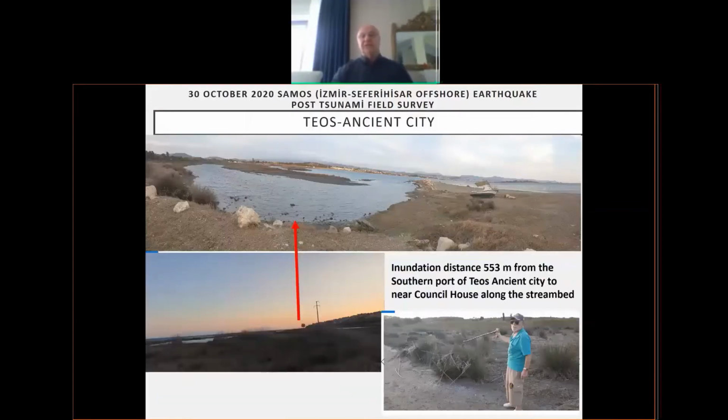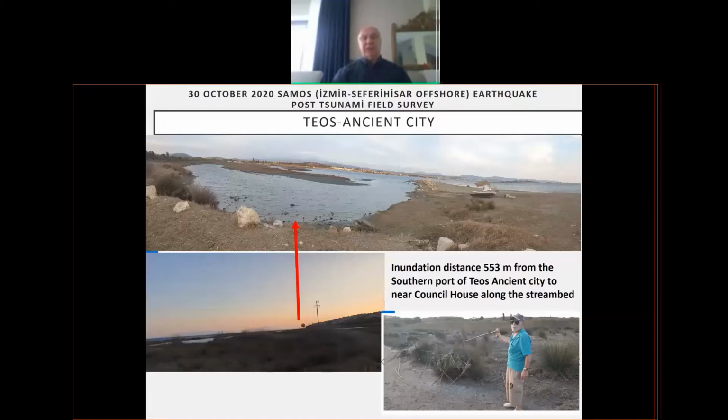Teos ancient city is another interesting location, where the inundation distance was measured as 552 meters from the southern port of Teos ancient city. Teos ancient city had two ports: one in the location of the Teos Marina today, and the second one is an untouched archaeological site.